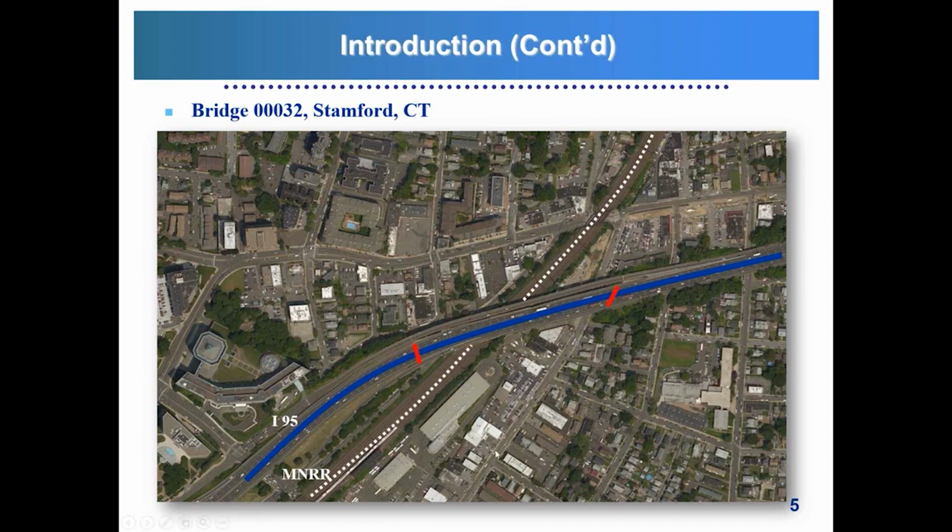The bridge limits are shown here by these red lines, and adjacent to the bridge we have another bridge which is actually an off-ramp of I-95 southbound, which provides access to downtown Stamford and the financial district.